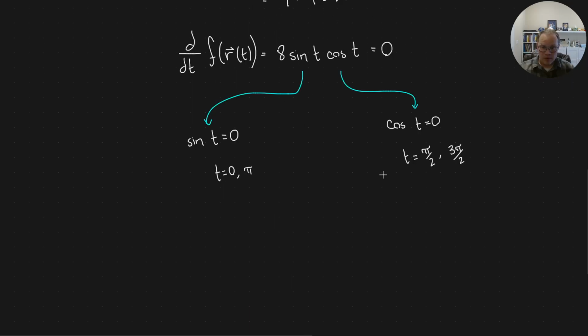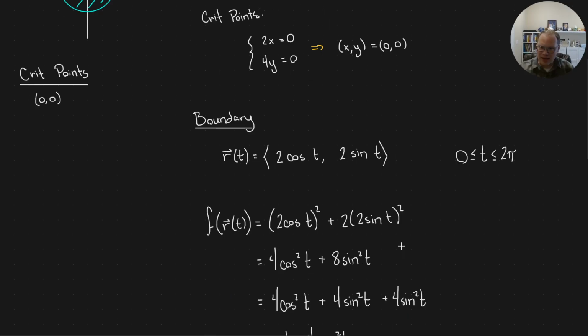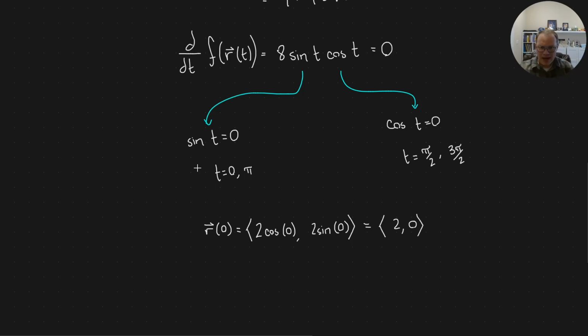Okay? So I'm going to do r of 0 first. And it was 2 cosine t, comma 2 sine t, my parameterization. So I'll just plug in the 0 for t, and I get 2, 0. So that's going to be another critical point that I'm going to add to my list up here. Another place I need to check. Okay, and I do that for each value.